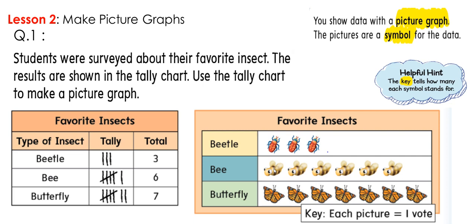So we draw a picture to show each bee. 1, 2, 3, 4, 5, 6. And for butterflies, which were the favorite of all, they have 5, 6, 7. So 7 butterflies. 1, 2, 3, 4, 5, 6, 7.